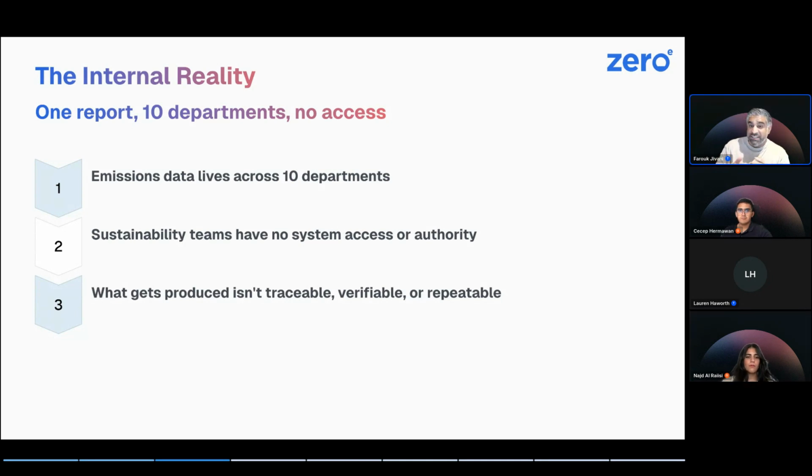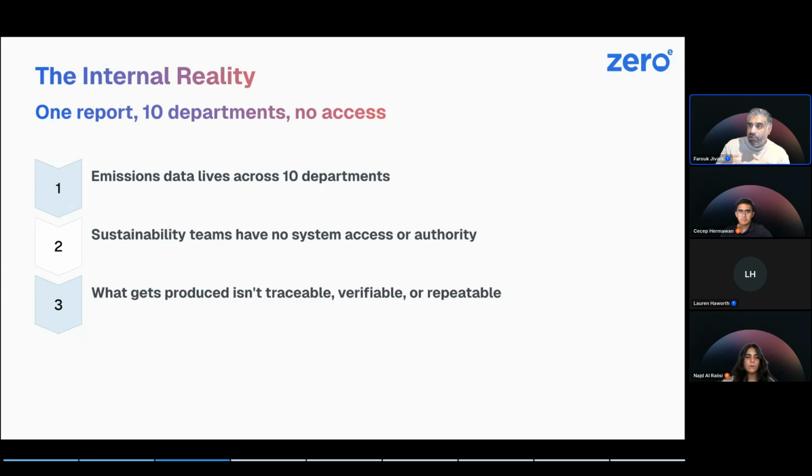A challenge is that sustainability teams really have no access by default, because they're generally created to drive sustainability across the organization, but they don't have tentacles into every department, and they need to work with other departments to get that information.